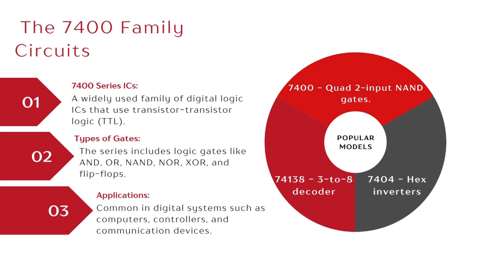Some of the most well-known models include the 7400, which is a quad 2-input NAND gate, and the 7404, a hex inverter. This IC forms the foundation of many digital systems, from simple circuits to complex computing systems.